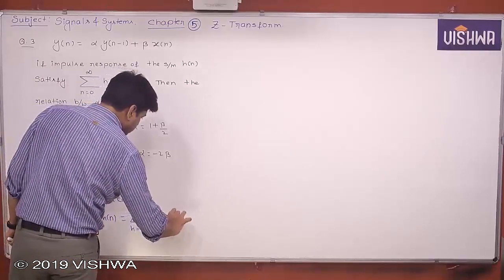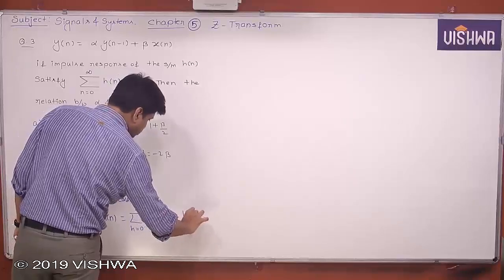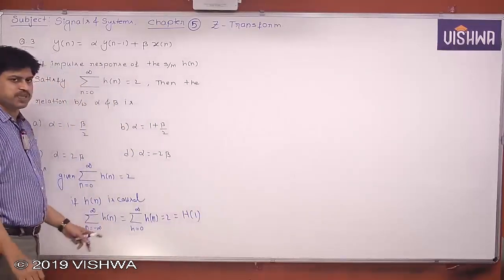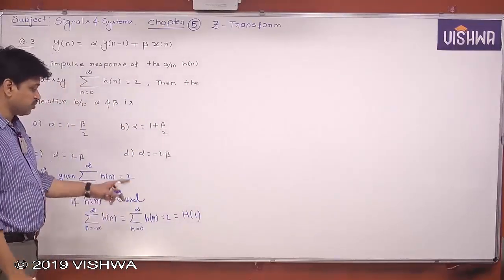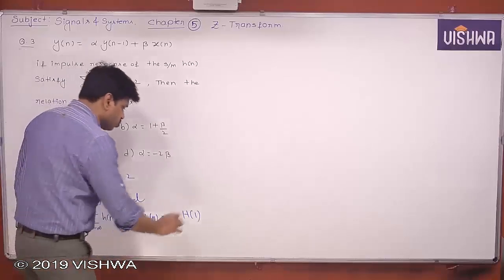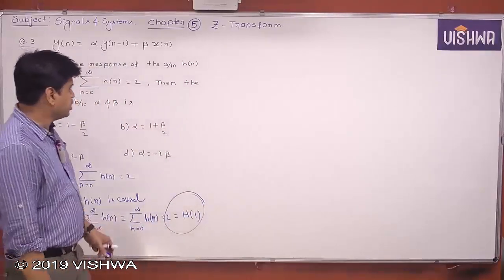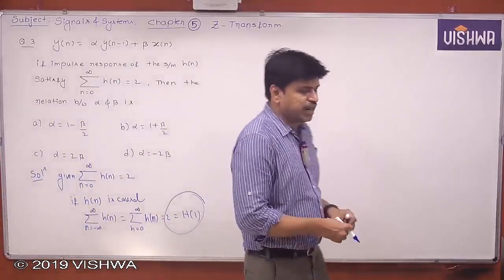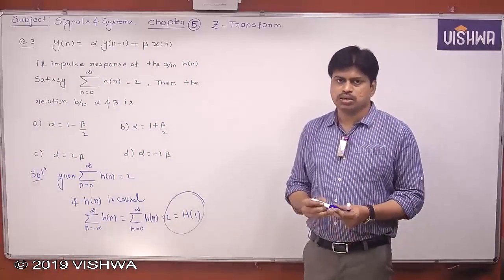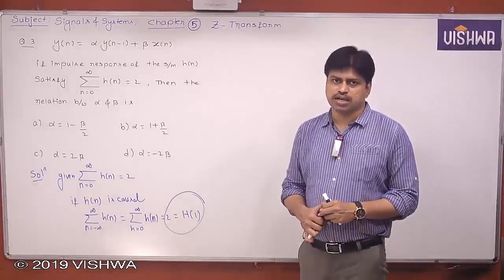This is nothing but h of 1. That means if you find h of z and put z is equal to 1, that value is 2. So first find h of z and place z is equal to 1. Then you can get the relation between alpha and beta.